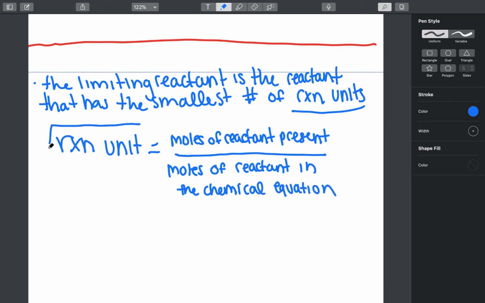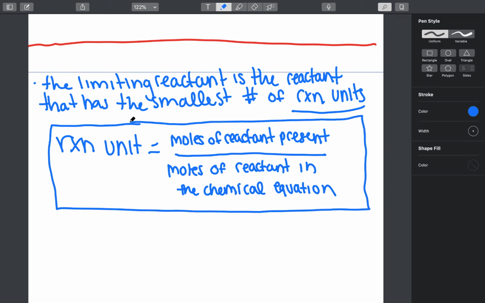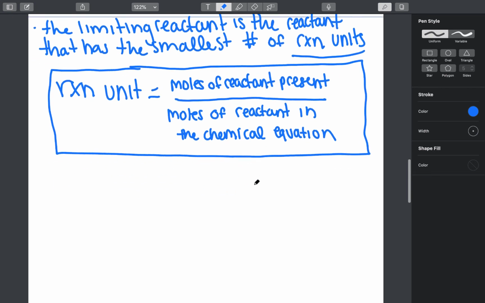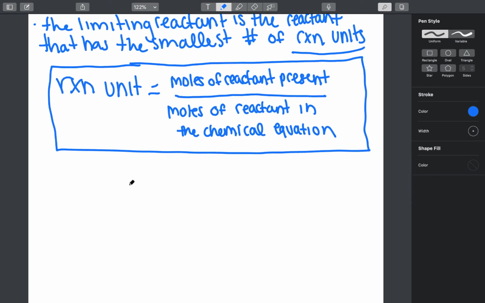And that is the reaction unit. So you basically divide the moles of reactant that you have by the moles of that particular reactant in the chemical equation. So in order to show how this works, let's do a very simple example. So let's bring up our classic equation that we usually use.